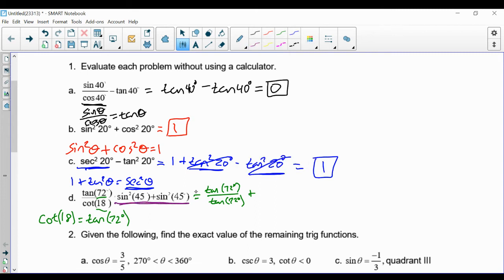Now we want to do sine squared plus cosine squared, but we don't have cosine squared. But we do know that, thanks to the complementary cofunction, sine of 45 would equal the cofunction, which would be cosine, and the complement of 45 is 45. Okay.